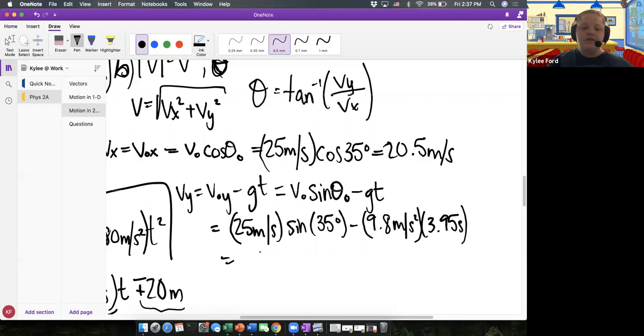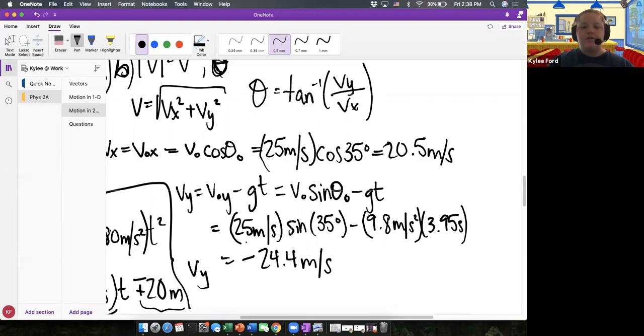Using our calculators: sine of 35 times 25 minus 9.8 times 3.95, and we get a negative 24.4 meters per second.